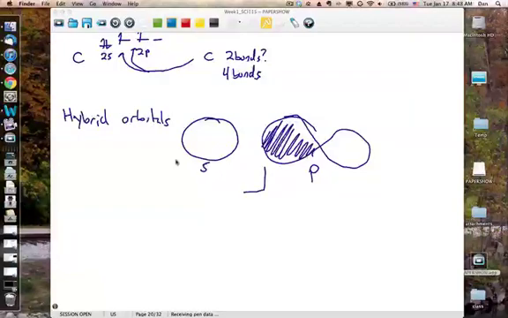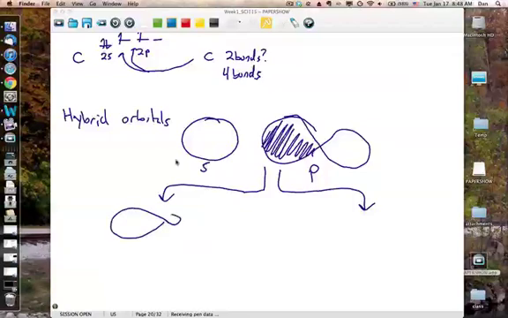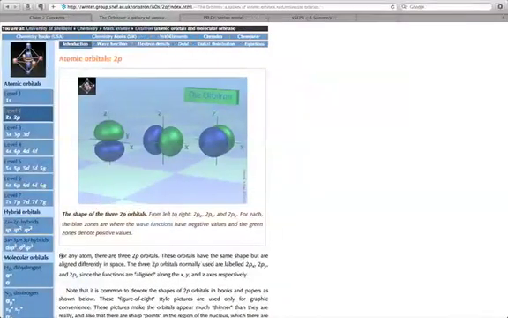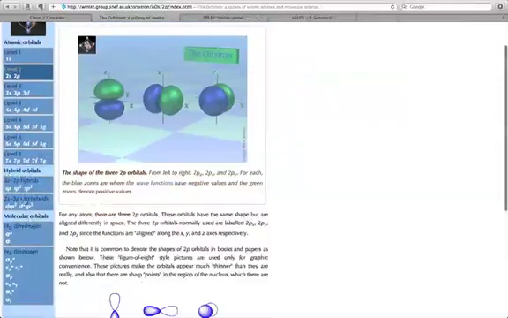That means you get 2 different combinations of orbitals that look pretty similar, but actually have different geometries, different angles. And they actually point, in this case, away from one another. So you bring in 2 orbitals, you get out 2 orbitals. So let's take a look at what these hybrids look like.